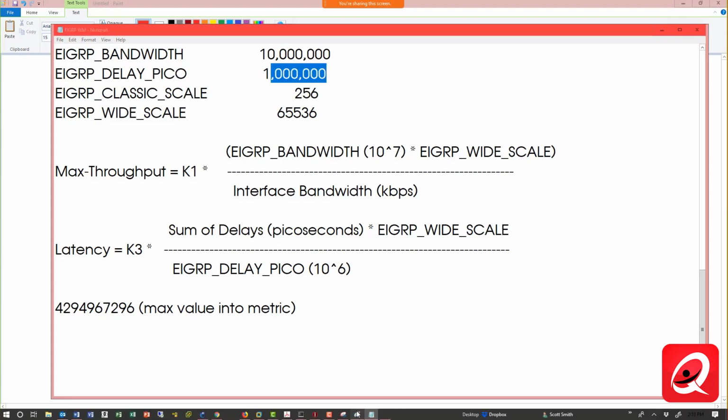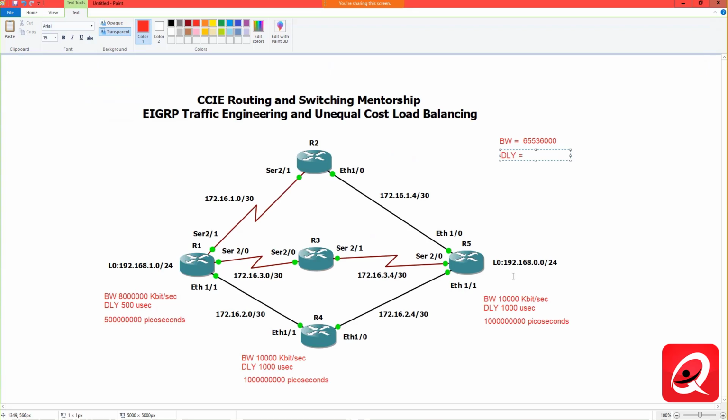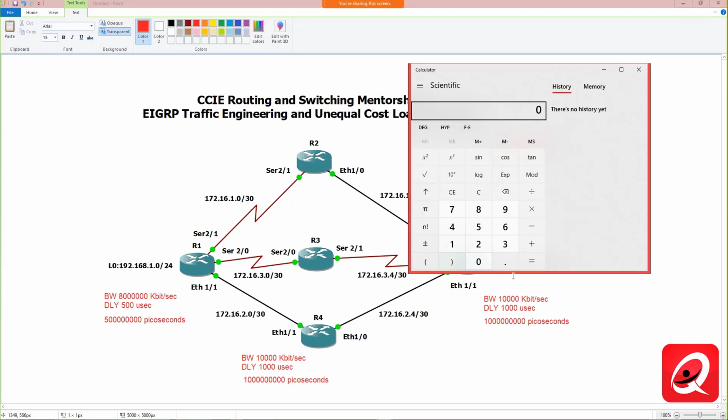All right. So if we take a look at our topology again, we've got 1, 2, 3, 4, 5, 6, 7, 8. I think that's 8. Yep. And that's 500 million. And then we're going to add 1, 2, 3, 4, 5, 6, 7, 8, 9.